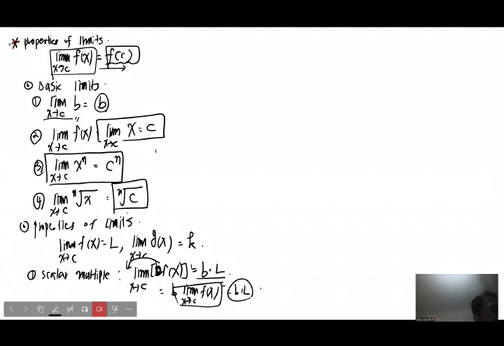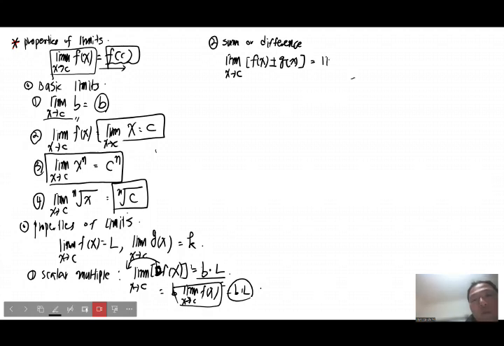Next, number two, sum or difference. If the function inside of the limit is f(x) and g(x), then this limit can be applied to f(x) and g(x) separately.